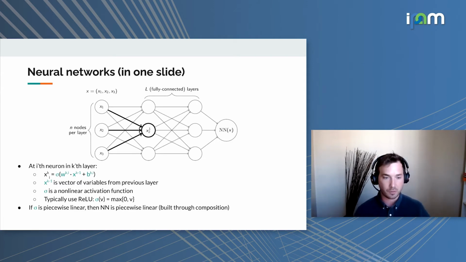So what we're doing is composing affine functions with a piecewise linear function, if you're using a ReLU, in a networked way. And so what you end up with at the end of the day is a neural network that is just a big piecewise linear function built through composition.